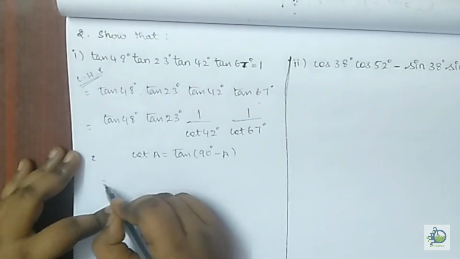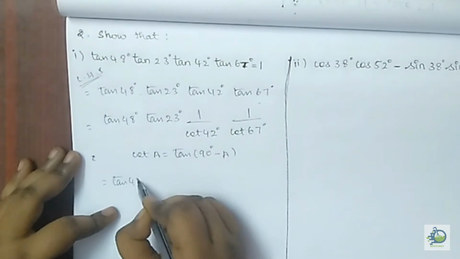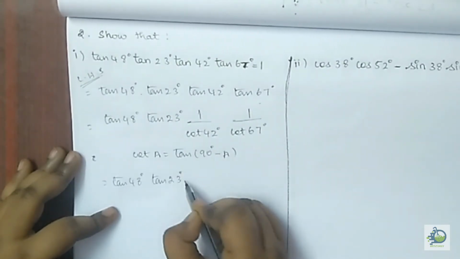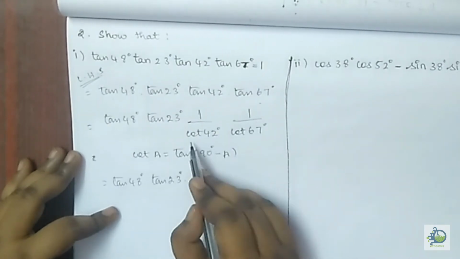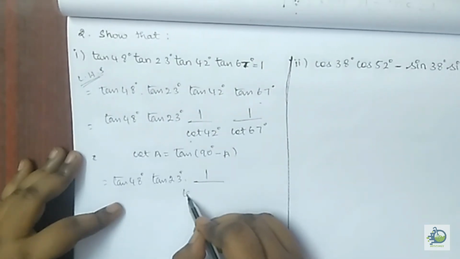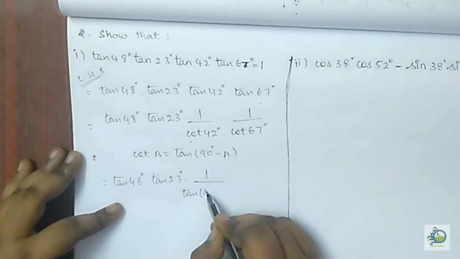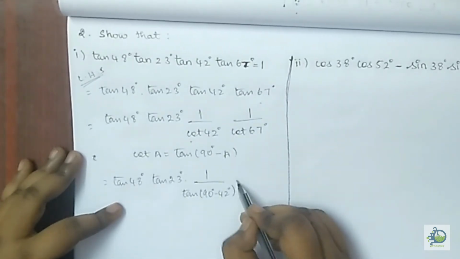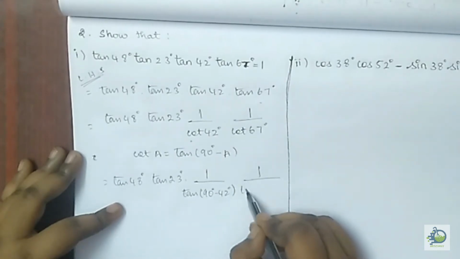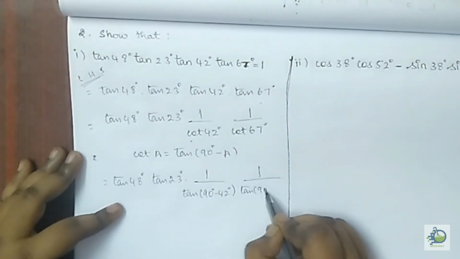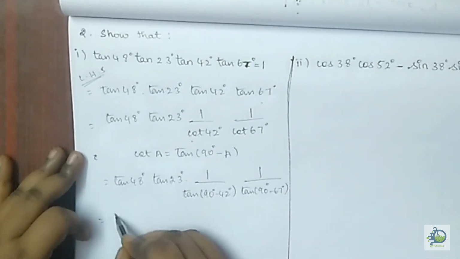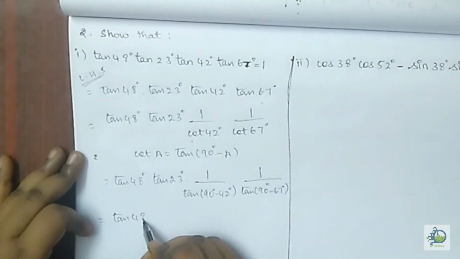So we get tan 48 degrees multiplied with tan 23 degrees multiplied by 1 by, instead of cot 42, I am going to write it as tan 90 minus 42 degrees, multiplied by 1 by tan 90 degrees minus 67 degrees. Here it is tan 48 degrees.